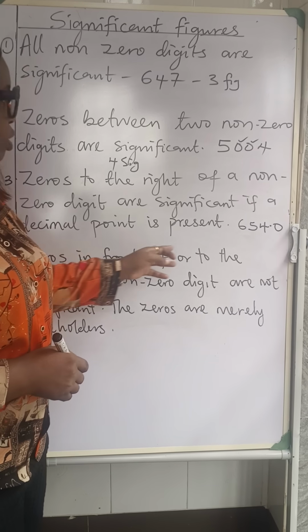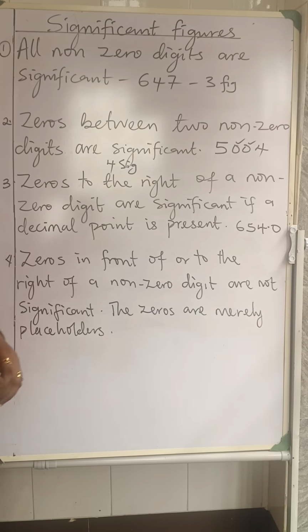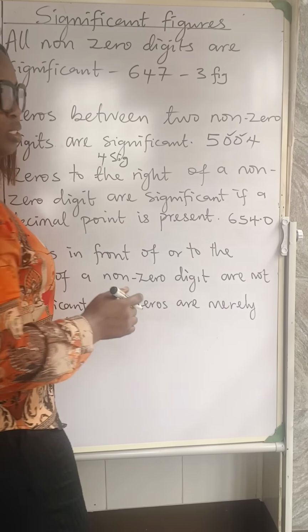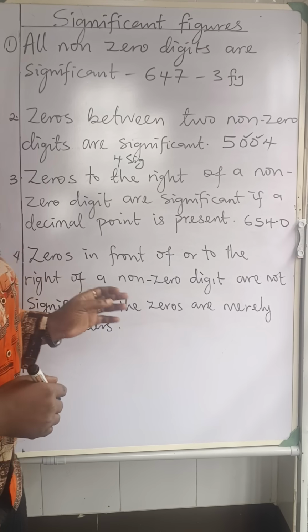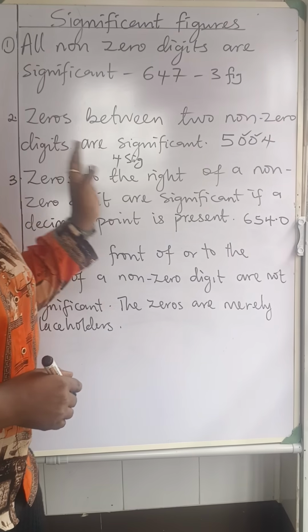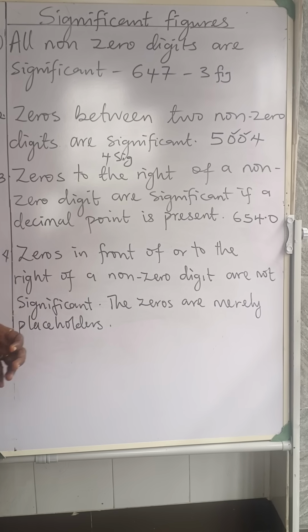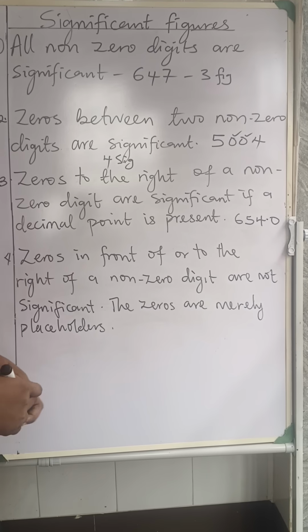We find out because of the decimal that is there, there are 4 significant figures. 1, 2, 3, 4. The zero here is counted. It can also be called a trailing zero, because it is at the end of a number. It is counted. Why is it counted? Because of the decimal point that is present.